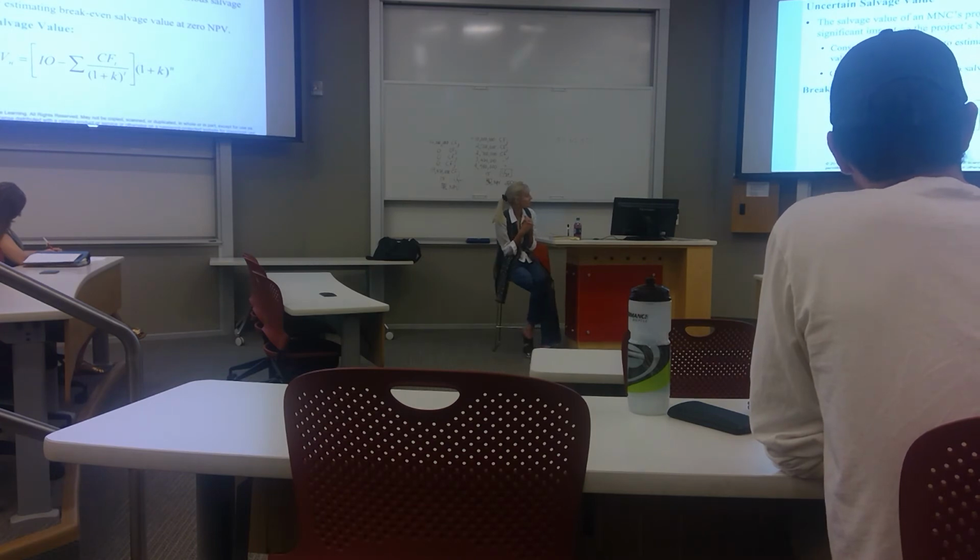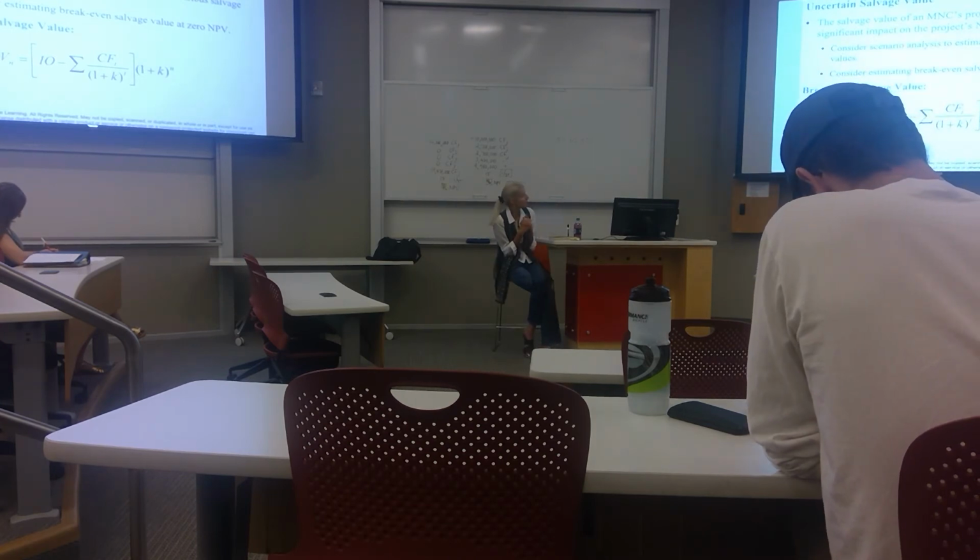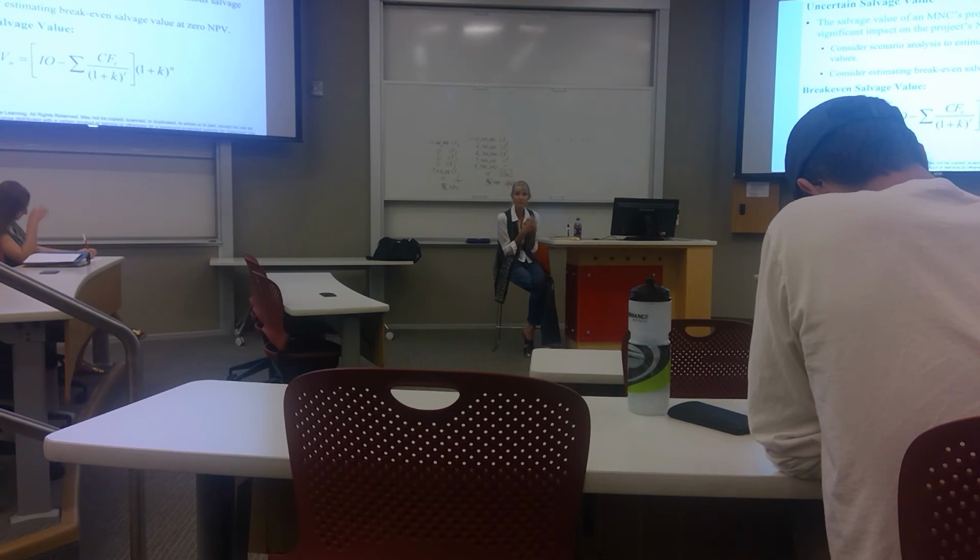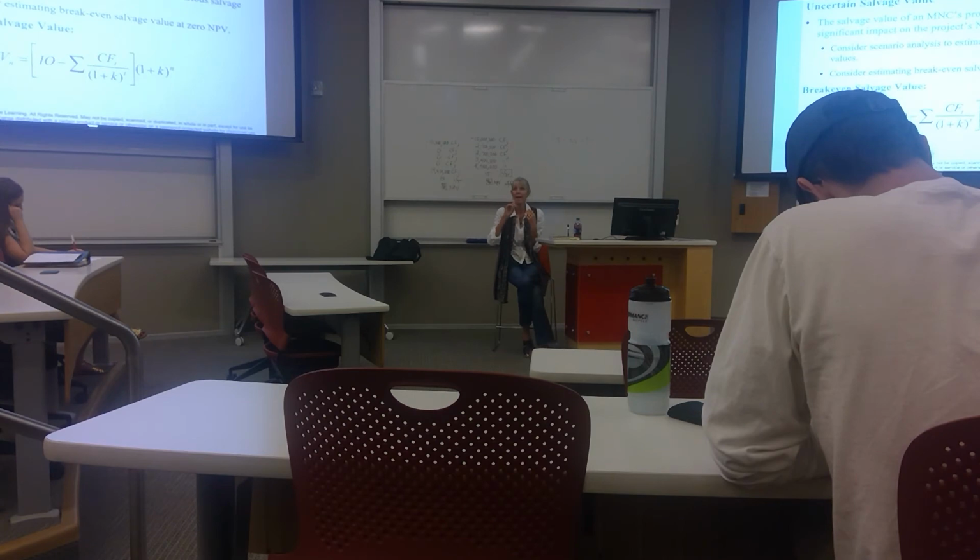So let's take a look at this. Here's what we're doing. We're taking the initial outflow, which is the investment that you make at time 0, that's the IO. And we're gonna subtract the sum of the present value of all the cash flows we think we're gonna receive, excluding salvage value, not including salvage value.